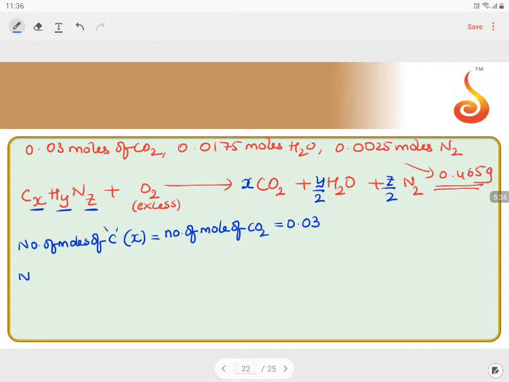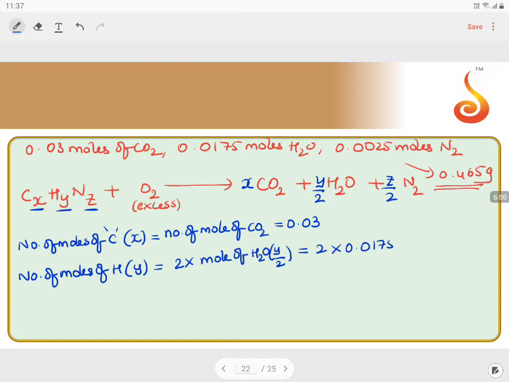Same way, the number of moles of hydrogen, which is y, is 2 times the moles of H2O, which is y by 2. 2 into y by 2 is y, so that becomes 2 times 0.0175, which is 0.035 moles.